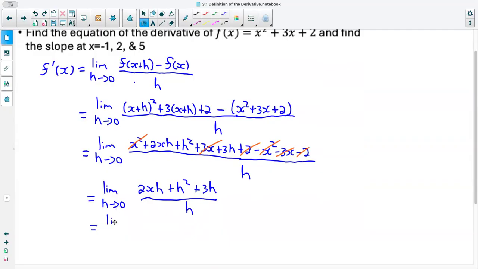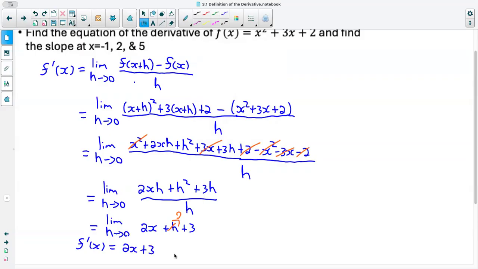So we've got our limit as h goes to 0 of 2x plus h plus 3. Now, if h is going to 0, that means that this term goes to 0, which means our f prime of x for this function is 2x plus 3.